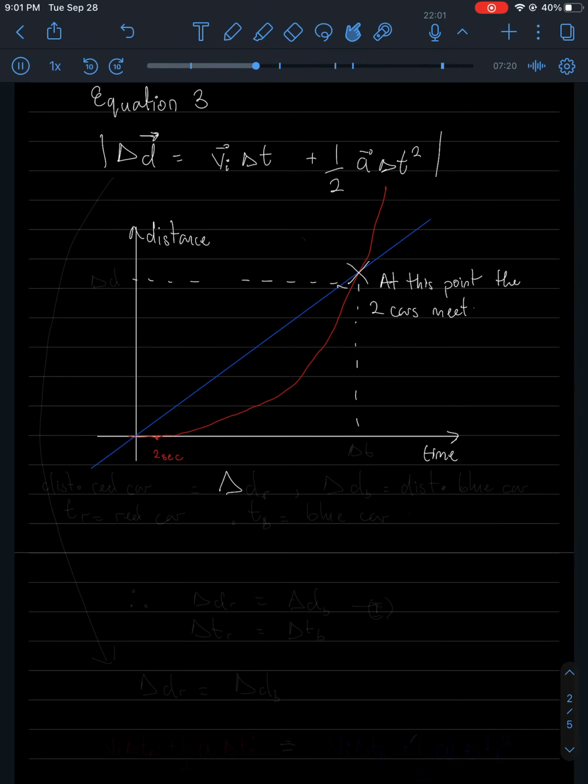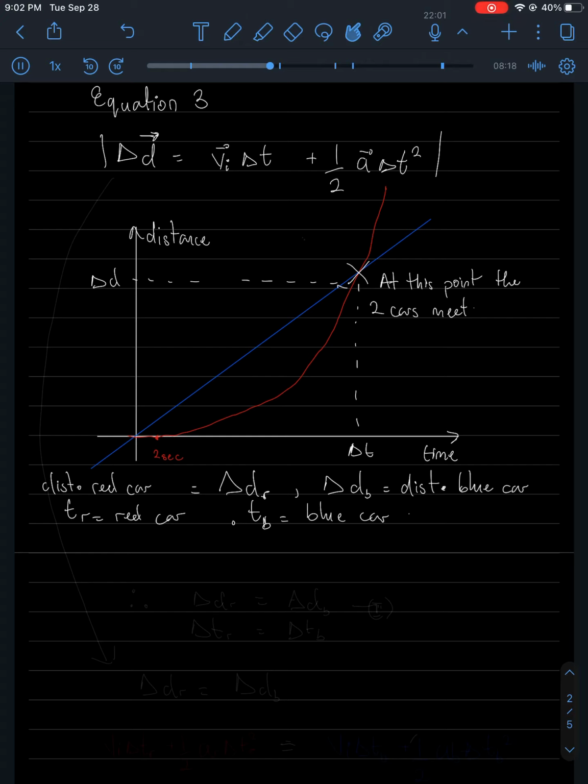That means if we let distance for the red car be delta dr and distance for the blue car be delta db, and we let the time for the red car be tr and the time for the blue car be tb, we know at this point, like I said, the distance is the same and time is the same for both the red car and the blue car.